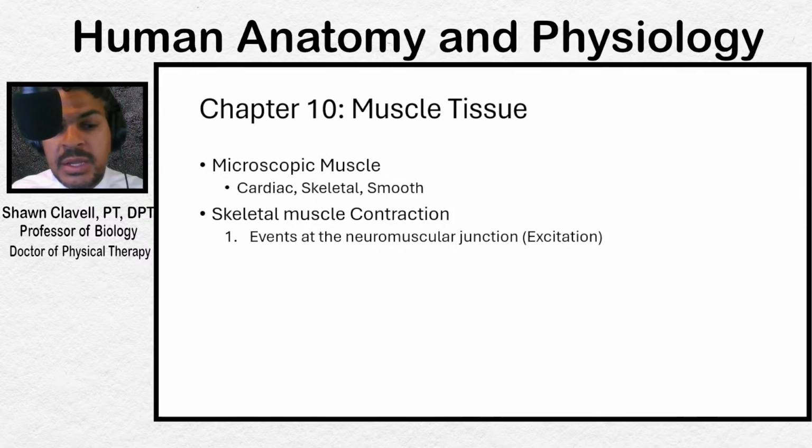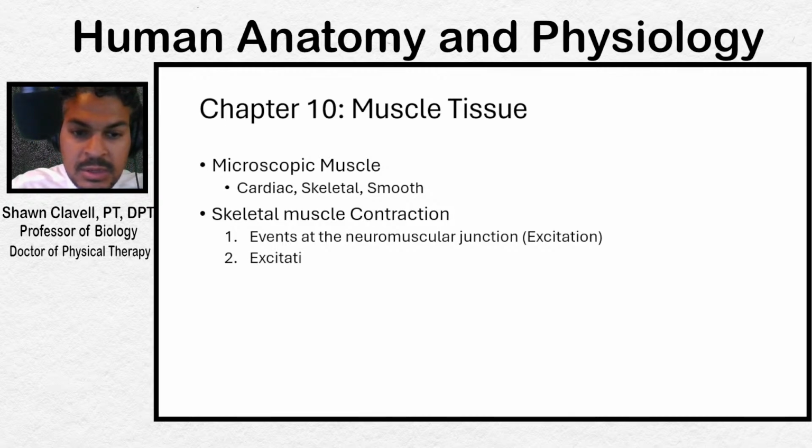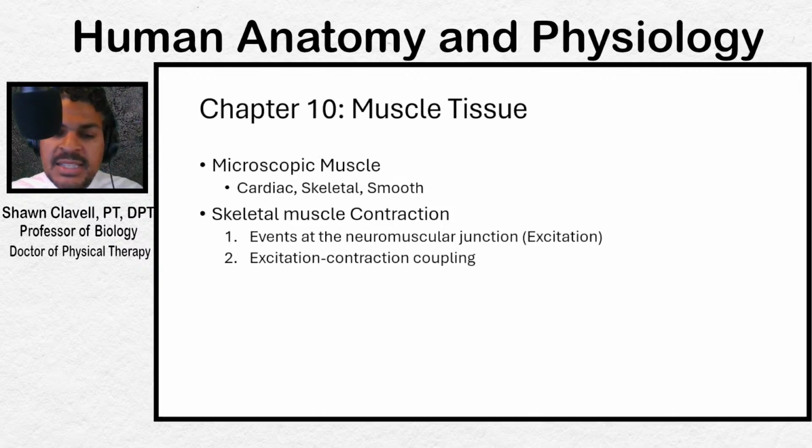The next one here is excitation-contraction coupling. Excitation-contraction coupling is, as you might start to think, the steps related to going from the neuromuscular stimulation to the actual starting of a contraction, where these proteins start to slide amongst each other.